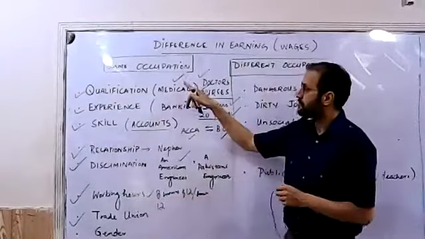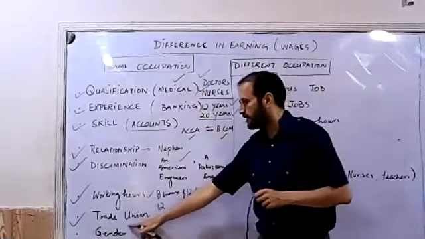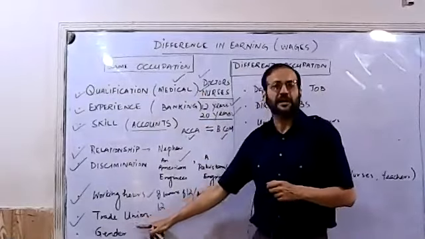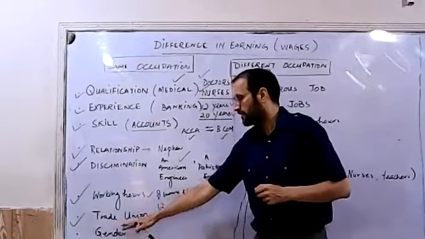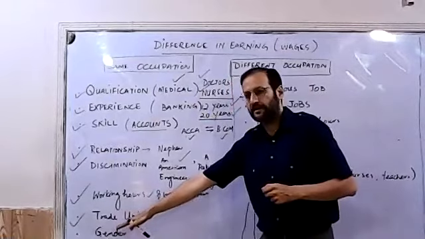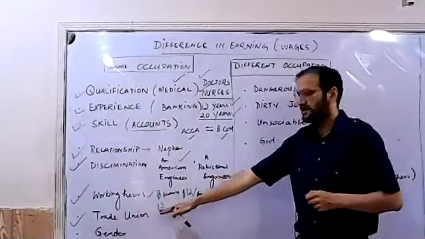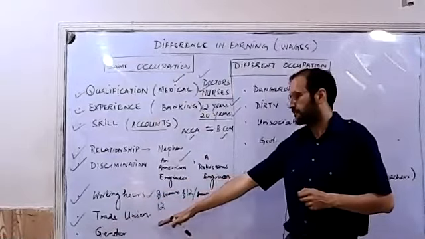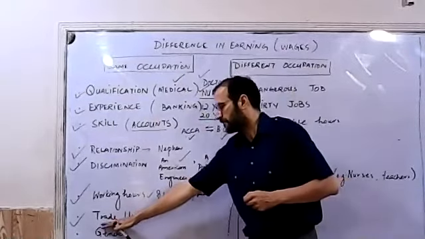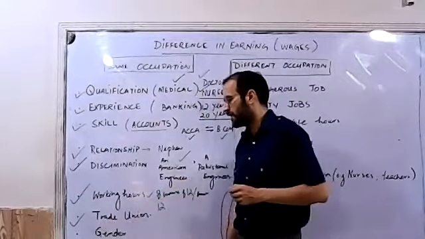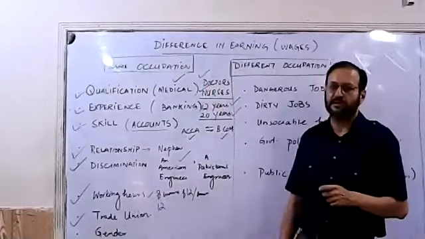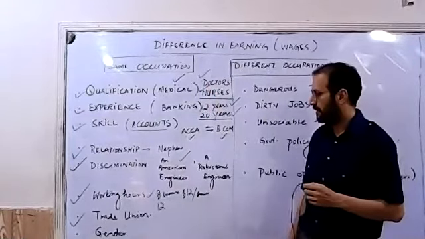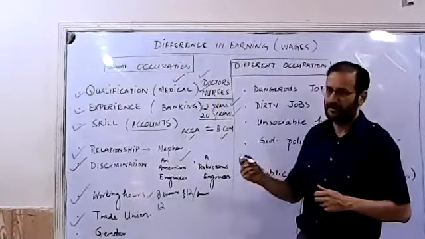So let's say if there's the same occupation and somebody is not a member of the trade union, they will not get any benefit. The member of the trade union can expect a difference in earning just because of being a member of the trade union. But if somebody is not a member, he's not going to get any raise or increase in his wage.